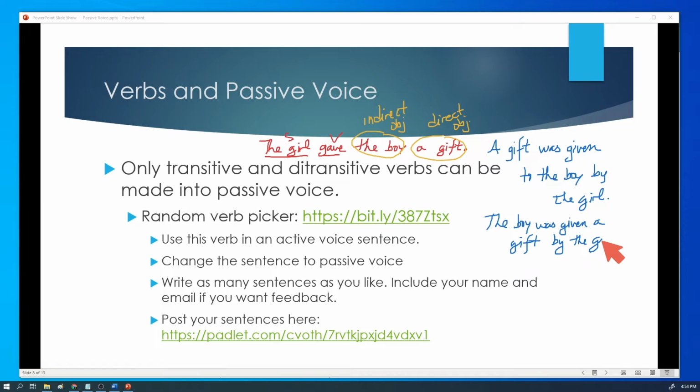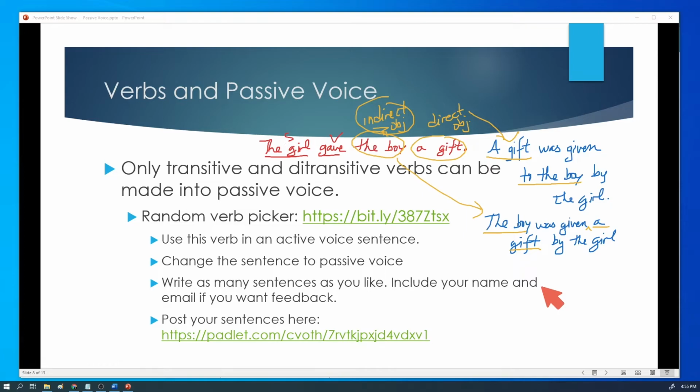So in these two sentences, I can have a different focus because I have indirect object is focused here and direct object is focused here. I have to say to the boy for the indirect object, but I do not say to a gift. I just use a gift for the direct object.